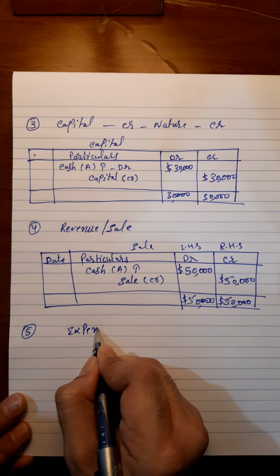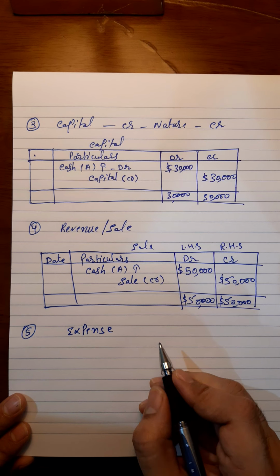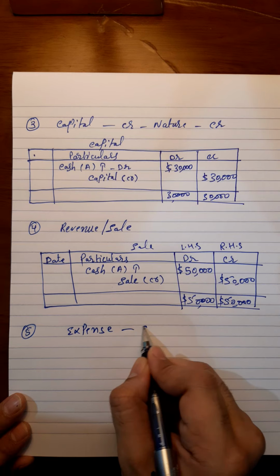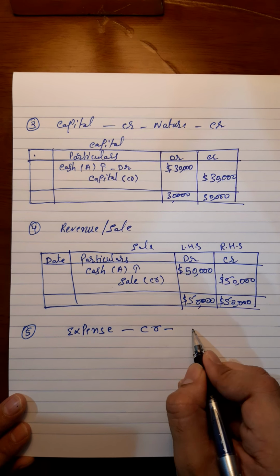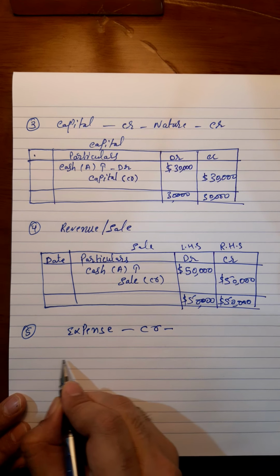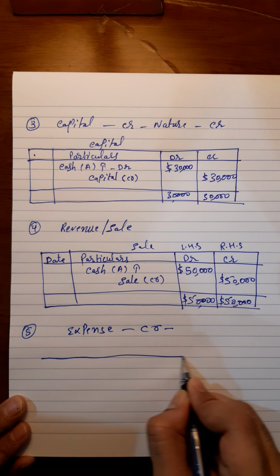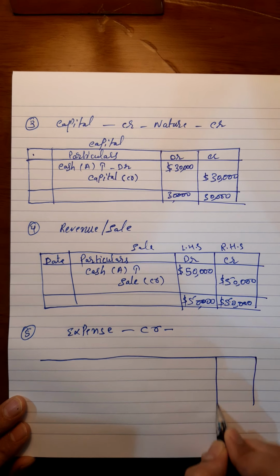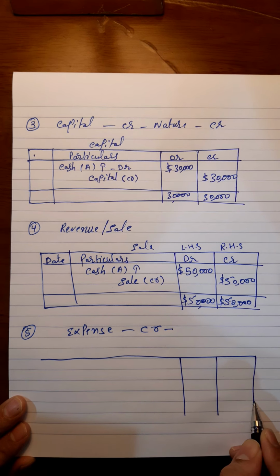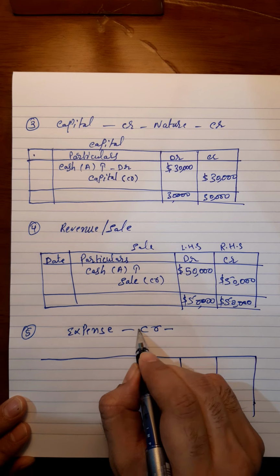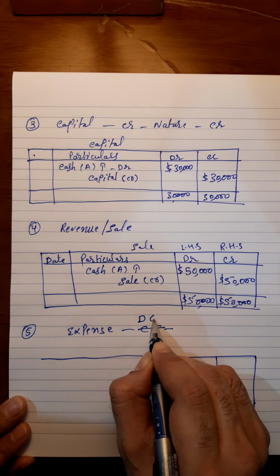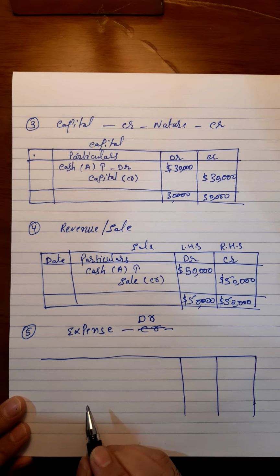The fifth element is expense. Expense is debit nature.